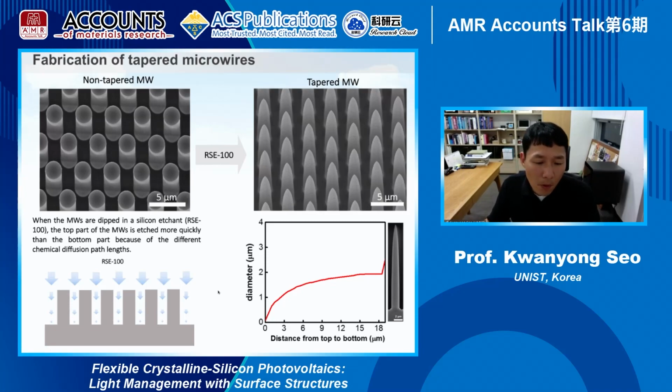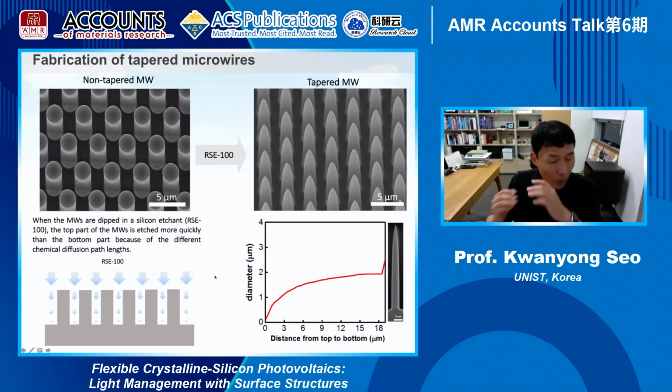So the top part is etched more and the bottom part less. So finally we can have this kind of very nice one-dimensional tapered structures. This line profile from bottom to the top also shows that it's a very nice profile. It shows that it is a perfect tapered structure.